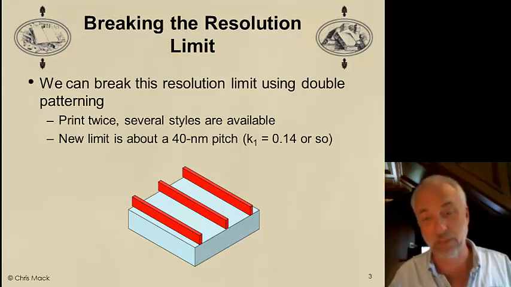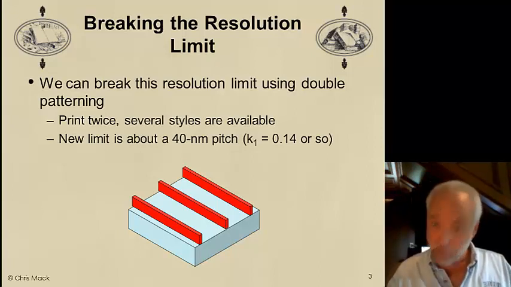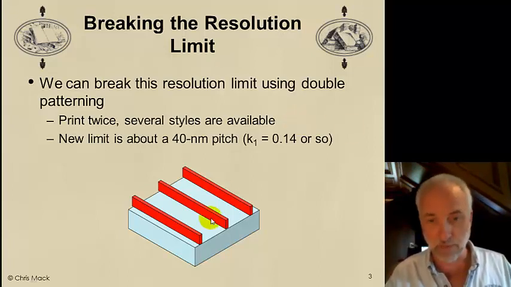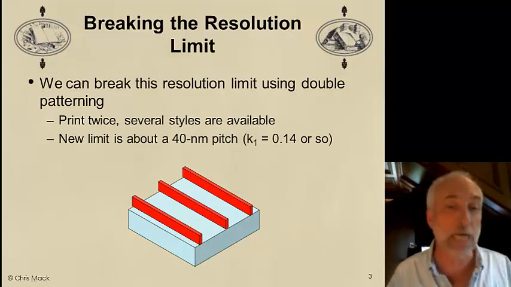Let me try to illustrate. The limit, remember, in our imaging is the minimum pitch that I can print. So if I print a pattern of lines and spaces, there's a limit to how small this pitch can be. But there's no hard cutoff limit, anyways, to how small I can make the individual lines.